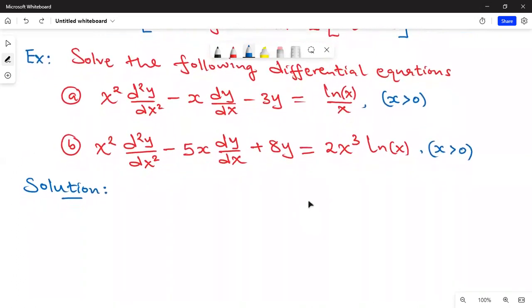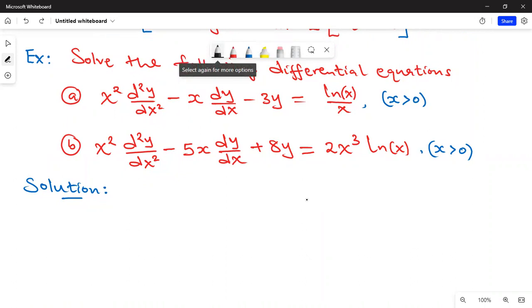Remember, a Cauchy Euler equation is an equation with variable coefficients of the form that you can see in those two problems. To be able to solve them, we first of all need to reduce it to an ODE with constant coefficients.